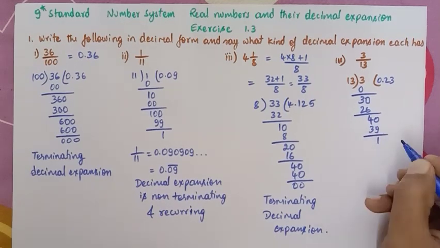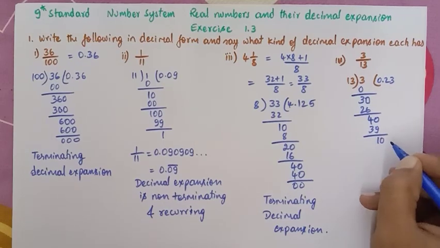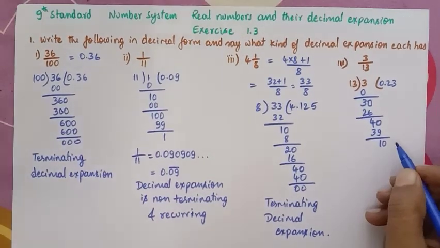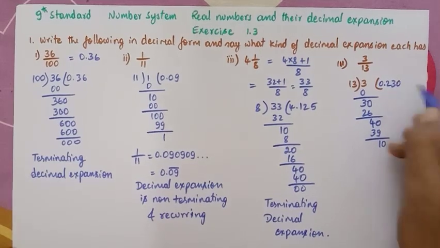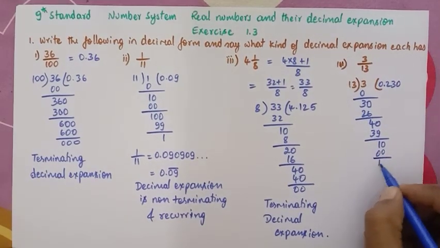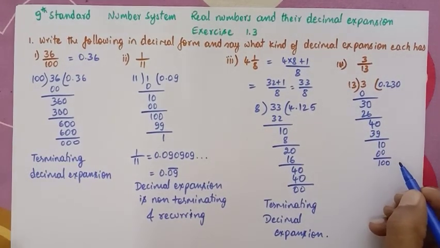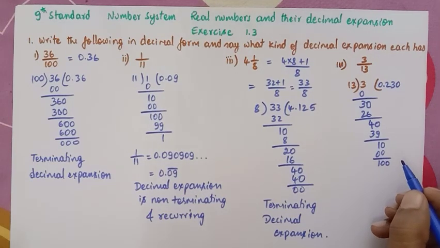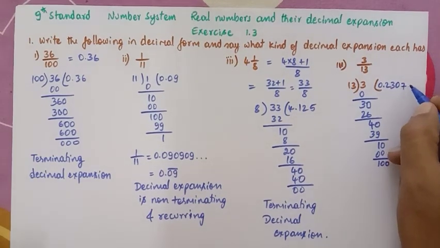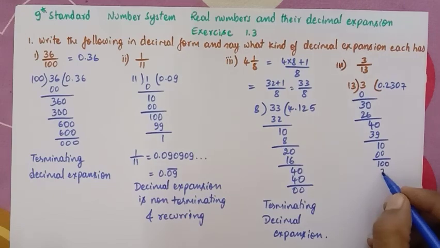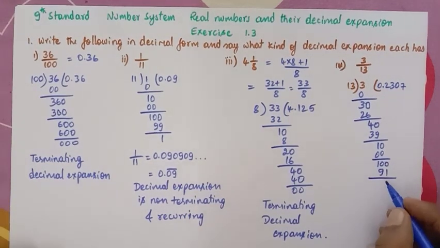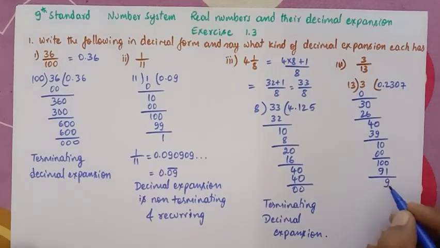So 1 is the remainder. So here 0. 13 zeros are 0. So 10 is there. So here 100. So 13 sevens are 91. So here 9 is the remainder.